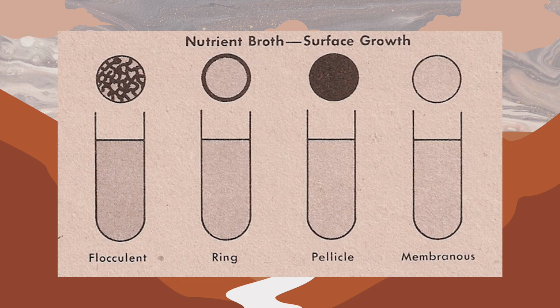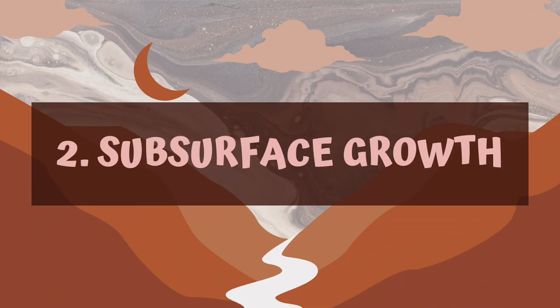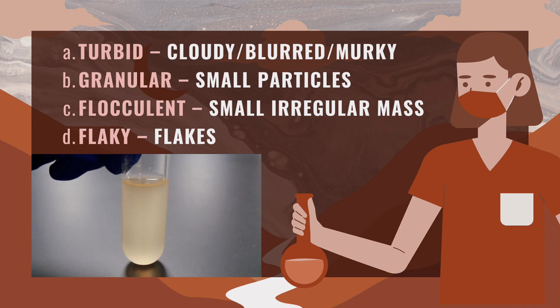The next characteristics are really easy to identify because they are pretty much straightforward. Starting off with the subsurface growth, and yet again, we have 5 possible outcomes. We have clear, turbid, granular, flocculent, or flaky. Clear is pretty much self-explanatory.